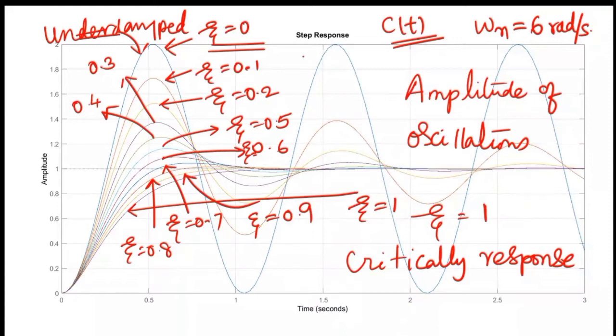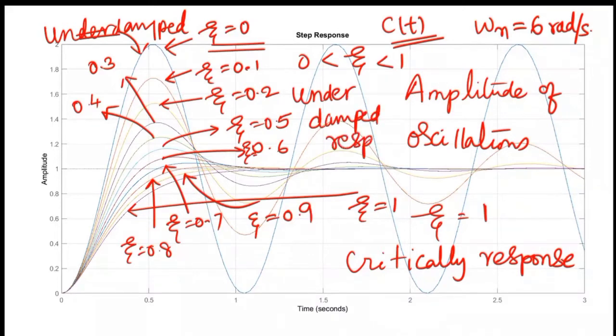And if beta value lies between 0 and 1, then we call that response underdamped response. So during the underdamped response, the magnitude of the oscillations gets decreased.